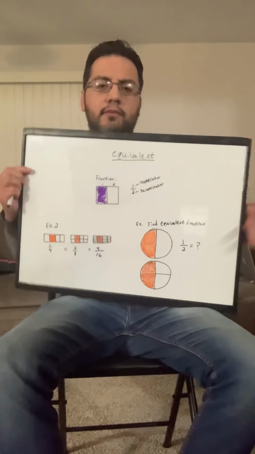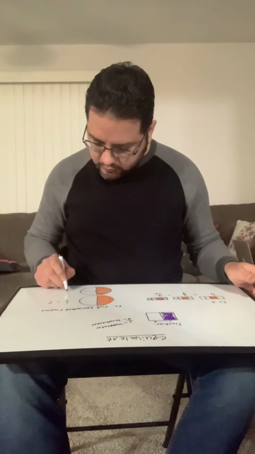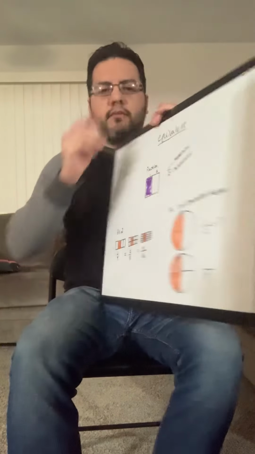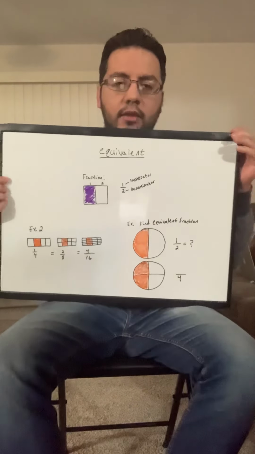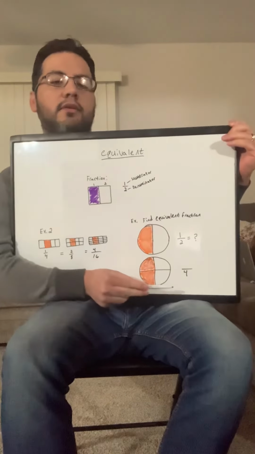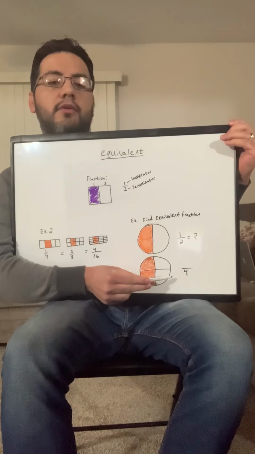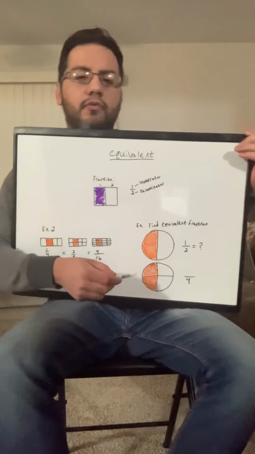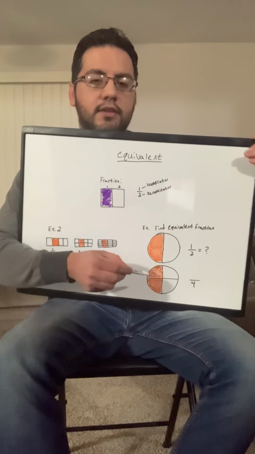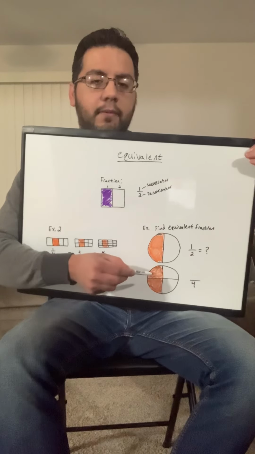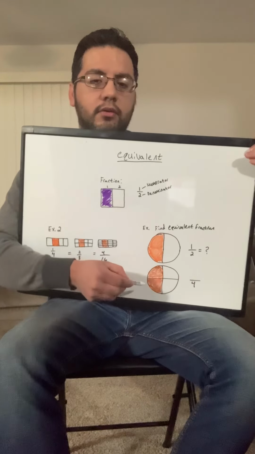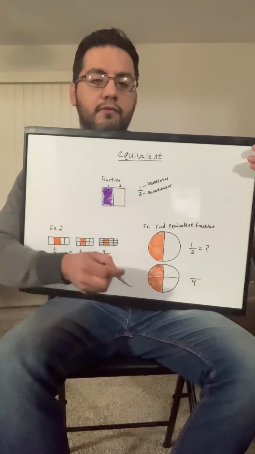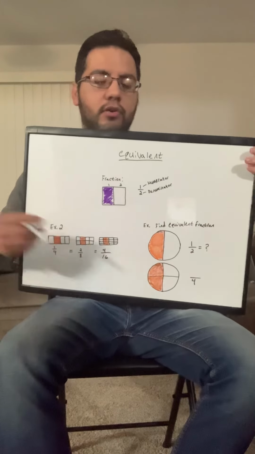So let's write that down. And so now you can see that here the denominator is 4. So out of those 4 slices, how many are shaded? 1, 2. So you have 2 out of the 4 shaded.